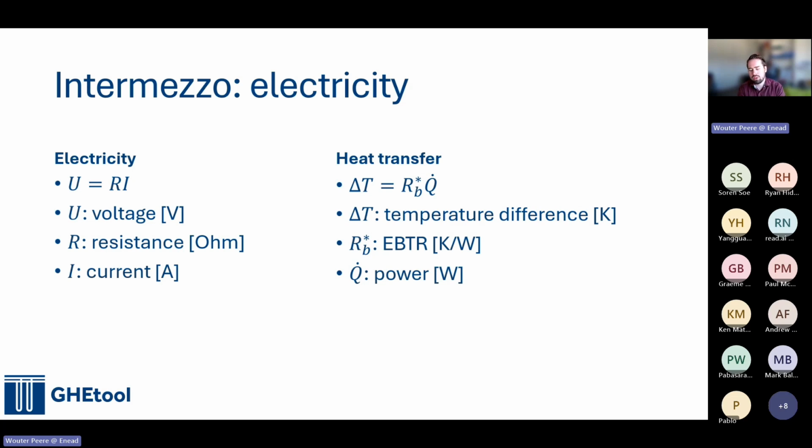If we have a certain thermal component, a physical object, we put a heat power through it, the heat flow through it, and multiply it by the resistance of the system, we get the delta T across this component. And the resistance in the geothermal world, or in the borefield world, is called the effective borehole thermal resistance.